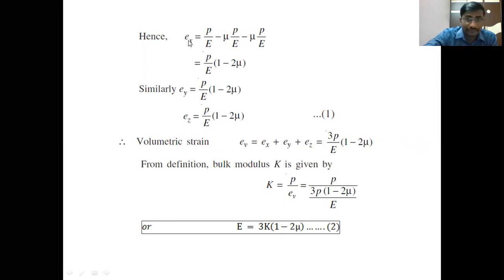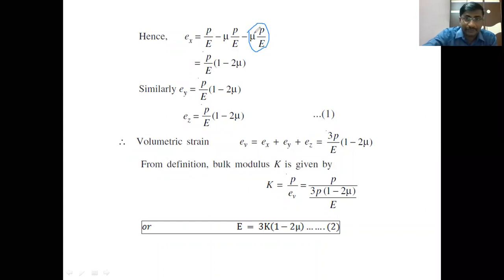So the net change in dimension in x direction can be written in this formula: strain in x direction is equal to P by E minus mu into P by E. Minus means they reduce the length in x direction due to stress in y direction. This minus represents the reduction in dimension in x direction due to the load or stress applied in z direction.